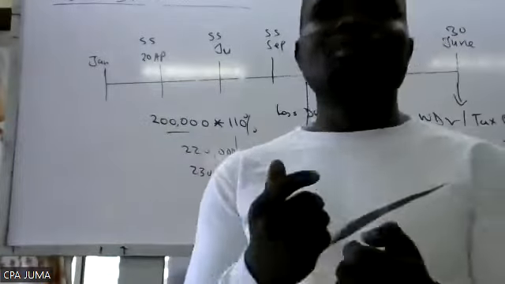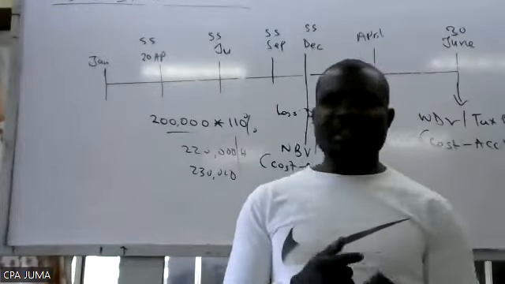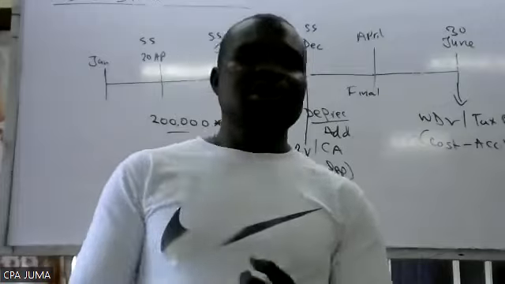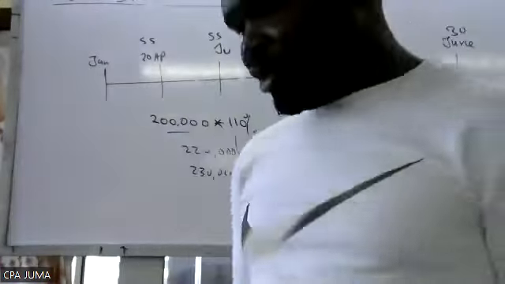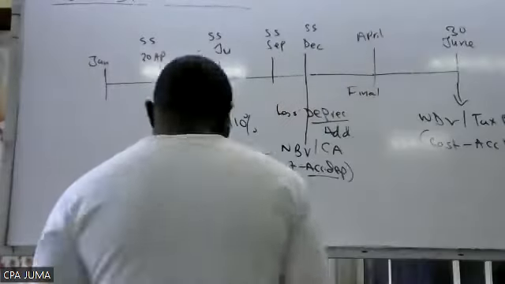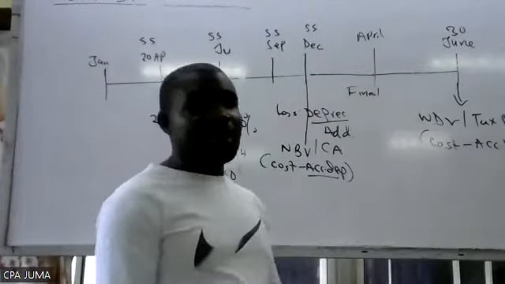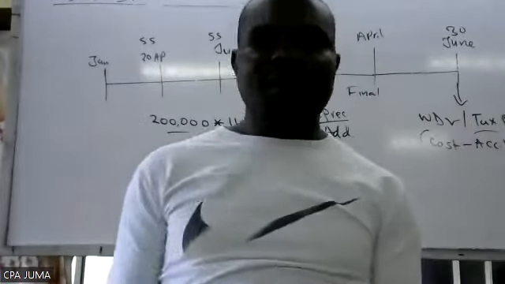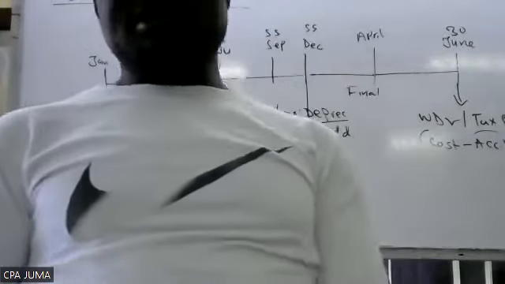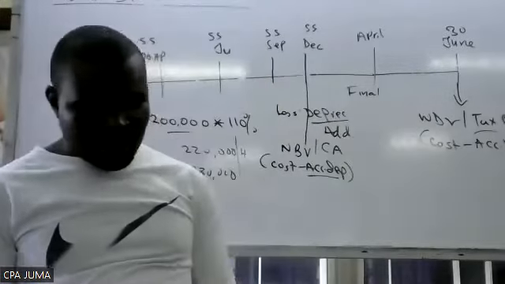Terminologies. There are some terms we normally use on deferred tax, which let me just capture at this stage. Terminology number one, let's start with tax base. Tax base, in bracket, written down value.